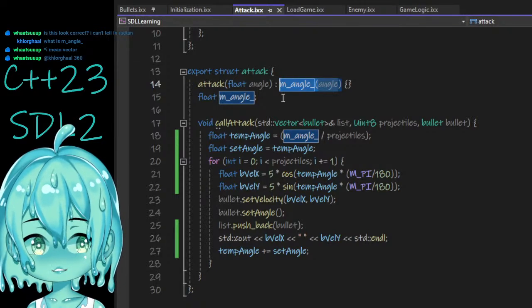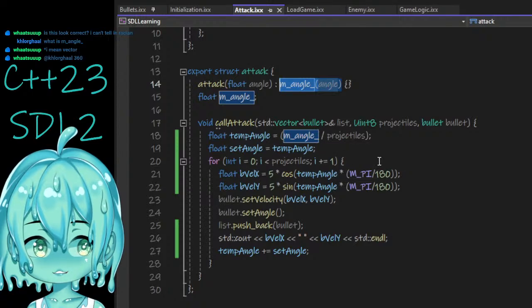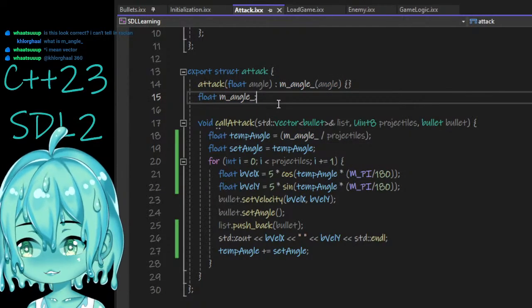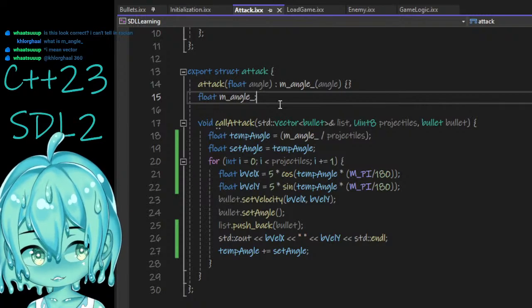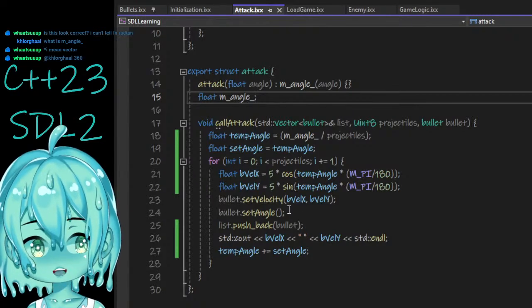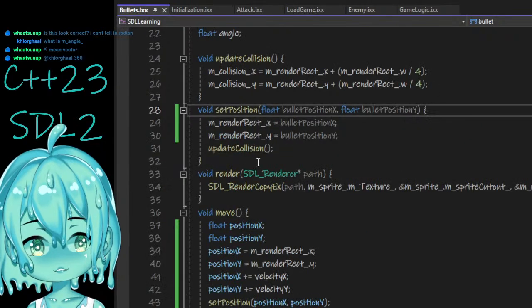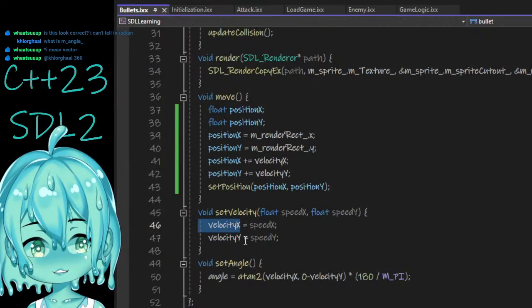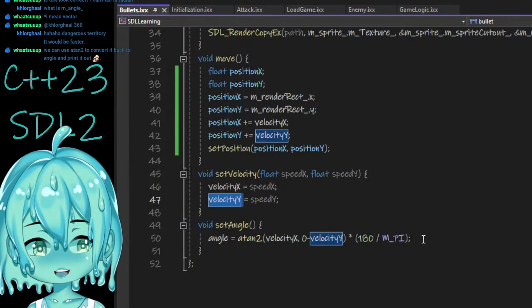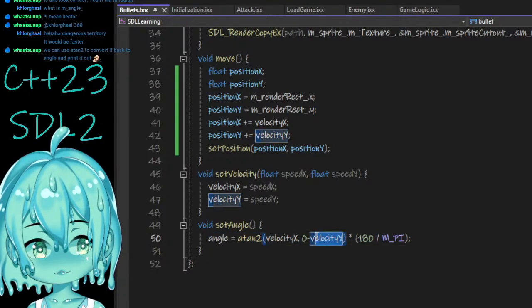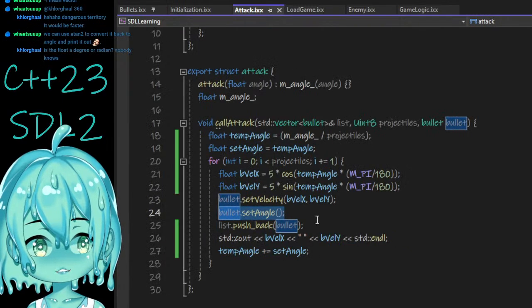Chat, would it be smarter to just convert angle immediately into radians? Would that just make everything easier? Well, no, that's not fair, because when we set the angle of bullet, we do it after setting the velocity, and then set angle happens with that new velocity. So velocities, oh wait, are they already radians?